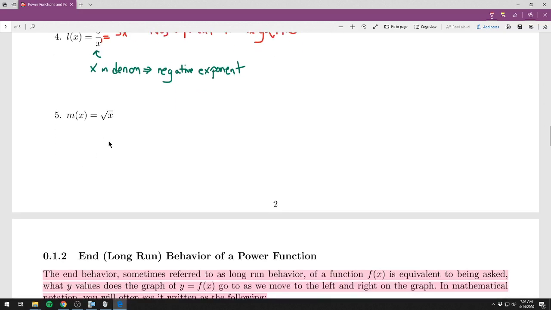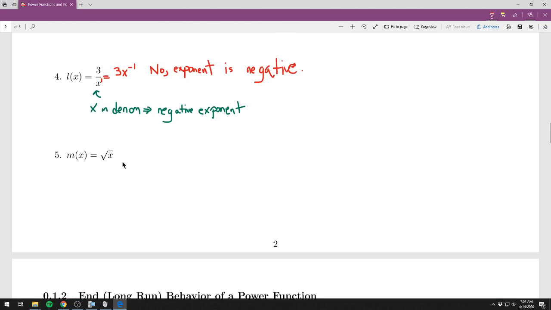And then the last example here, m of x equals the square root of x. The fact that we don't have a number here is fine because it can just be thought of as 1. The main reason this one is bad is because the square root is the same thing as the 1/2 power.